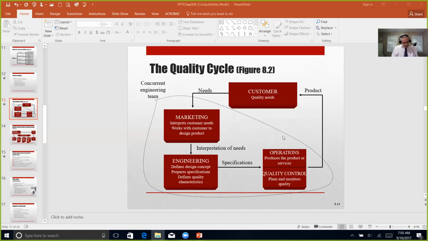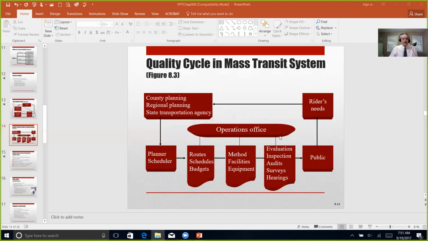And then we have the quality control, and the quality control is truly where the entire process is looked at to ensure that quality is built into the process and not an end result inspection of the process. And then as you think about another example, here's a quality cycle in mass transit at page 168, figure 8.3, which kind of takes that concept and puts it into an example of a mass transit system.